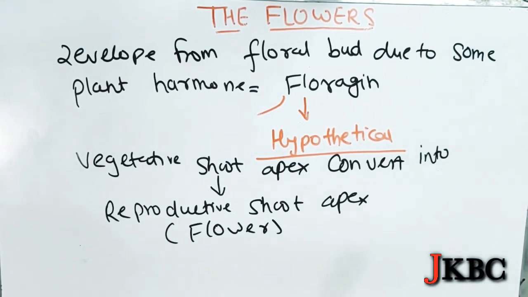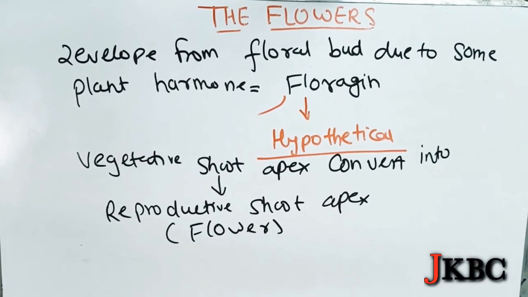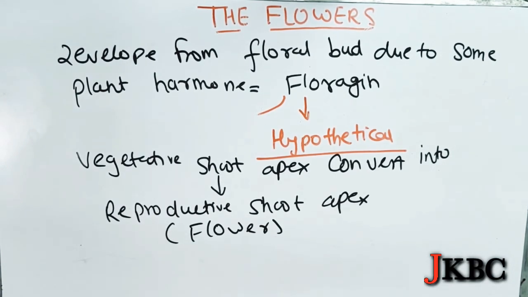So we say that the vegetative shoot is the initially developing bud of a flower. That's the tip of the plant, which basically has the shoot apex.